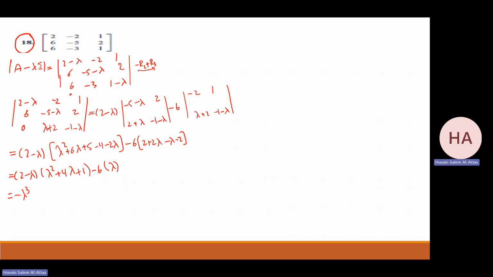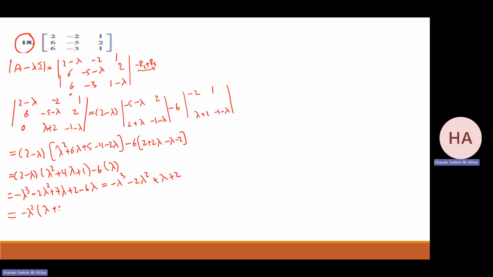Minus lambda cubed minus lambda cubed 2 lambda square minus 4 lambda square, 2 lambda square minus lambda plus 8 lambda plus 7 lambda plus 2 minus 6 lambda. That will be minus lambda cubed minus 2 lambda square plus lambda minus 2. Okay, plus lambda plus 2. Perfect.